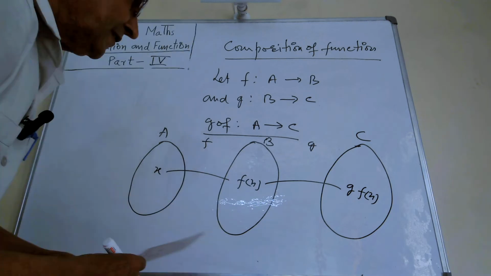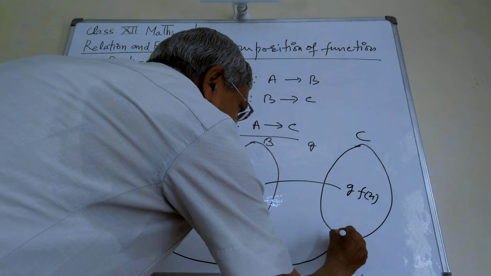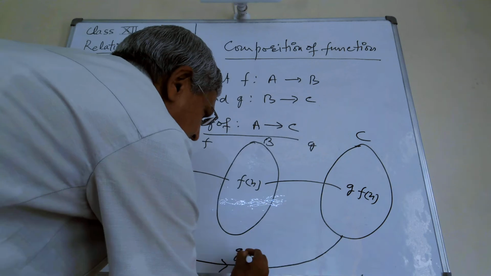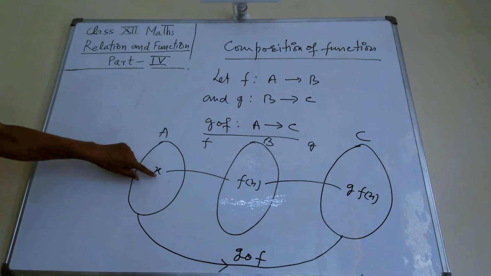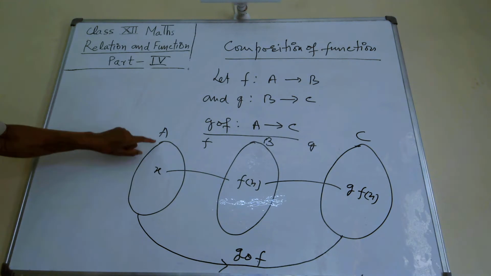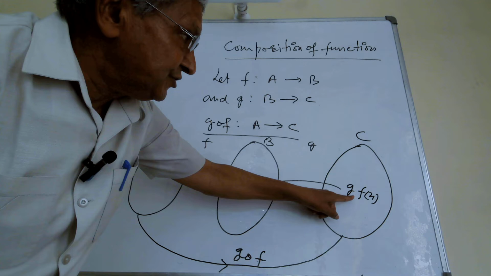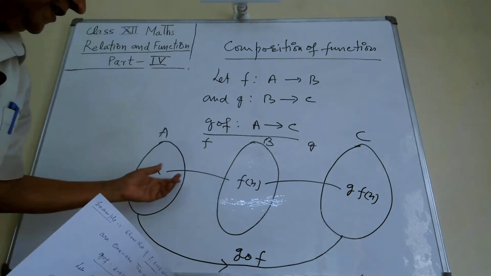And this is the composition. This is gof. gof means the element x in A has image g(f(x)) in C. Understand?